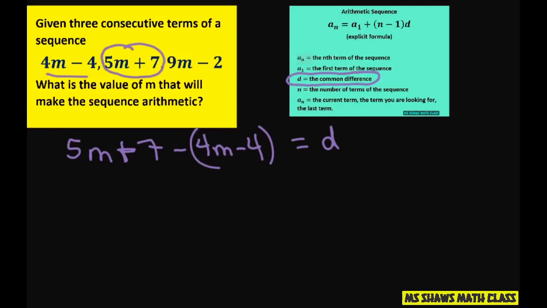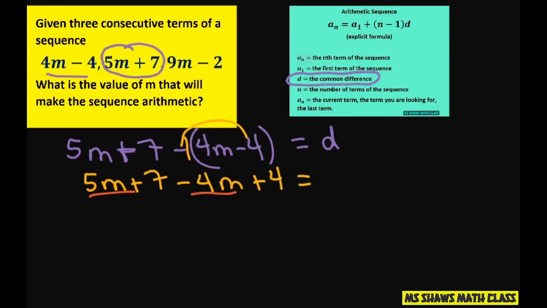The common mistake is when you write out 5m plus 7 minus 4m and distribute the negative, that's going to be plus 4. Simplifying, 5m minus 4m is just m, and 7 plus 4 is 11. So that equals d. Again, we need three terms to do this because we have to make a common difference.